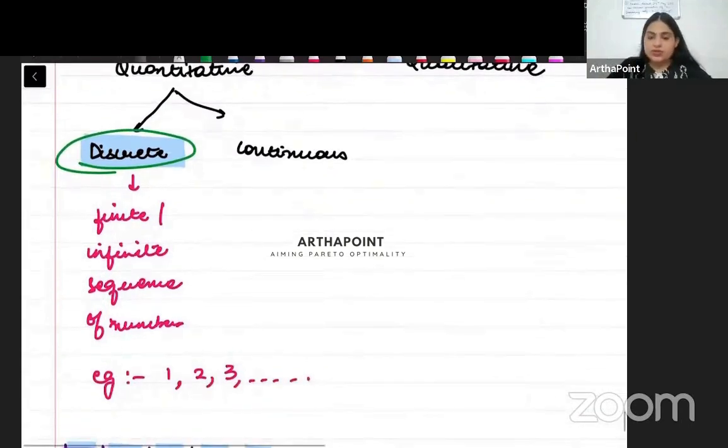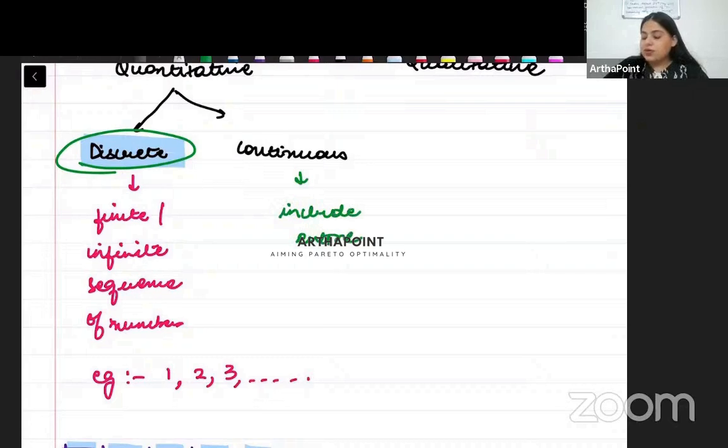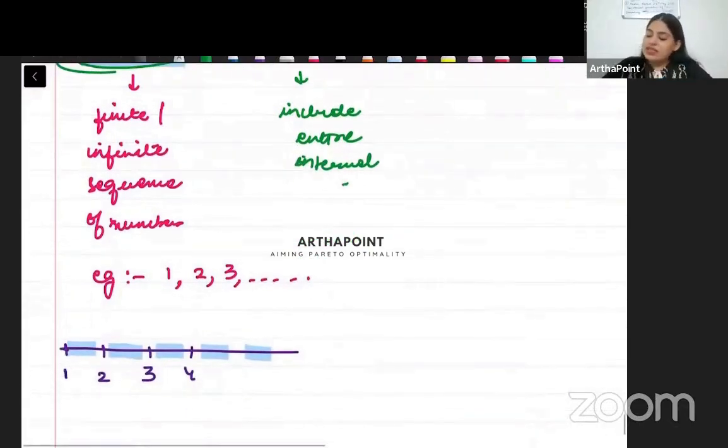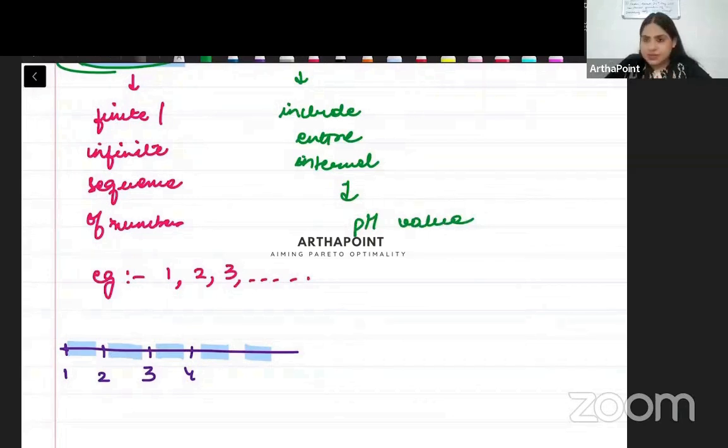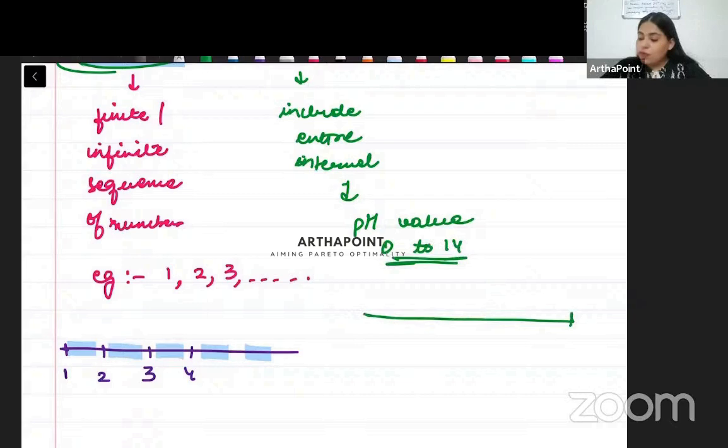Now think about continuous. When I say continuous, continuous is when you are able to include your entire gap also. So I can say the entire interval. Just say for example, let's say I am checking the pH value of any chemical substance. And I know that this pH value can be anything between 0 to 14. So beta, 0 to 14 mein, I am including all possible values.